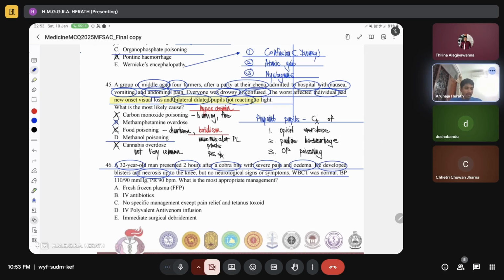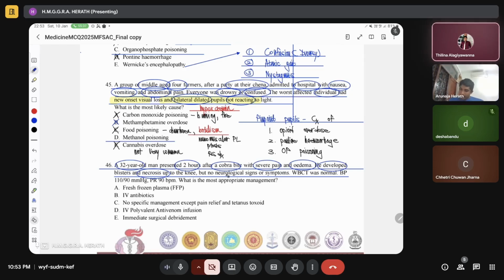For other snakes, always you need to have systemic manifestations. Understood?